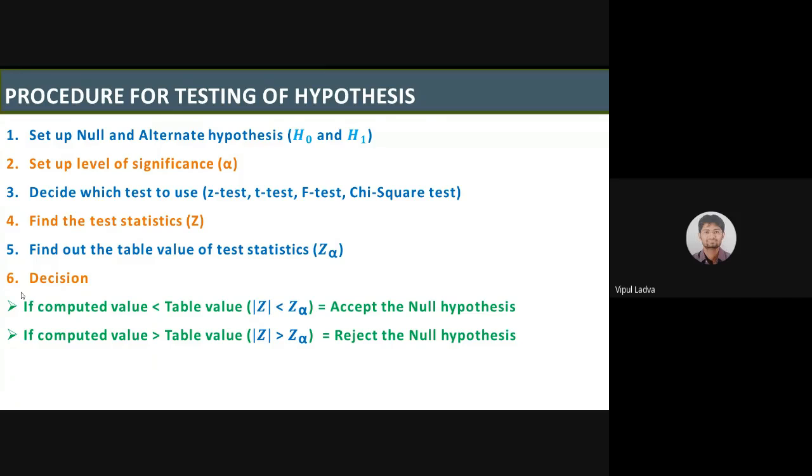Once we are clear with the test, we may decide our Z statistic, because observe the third step over here. Yes, this is the critical stage: deciding the test statistic. Third and fourth.